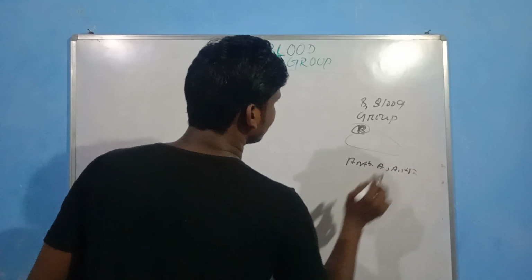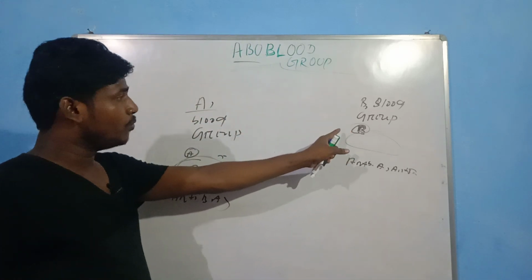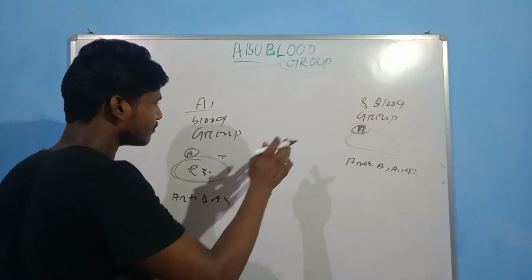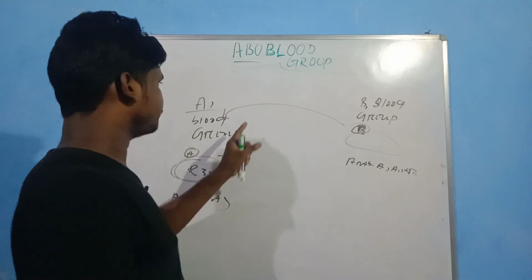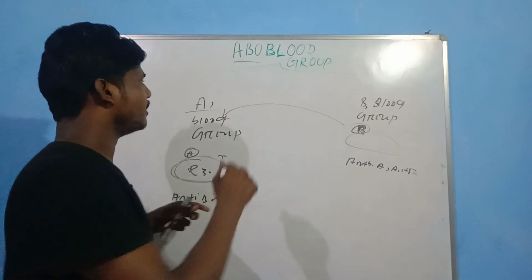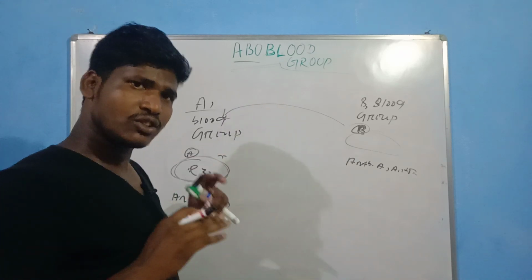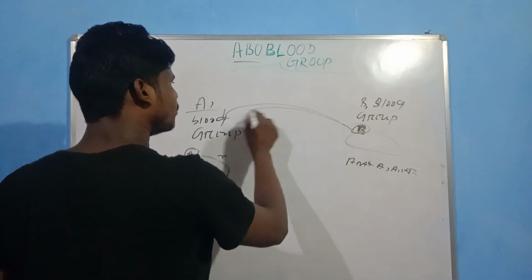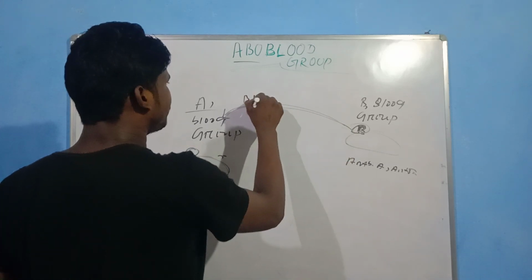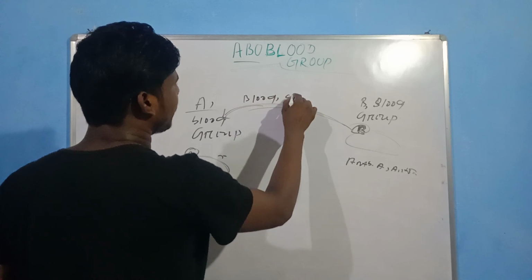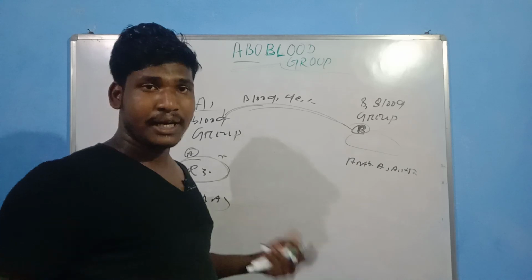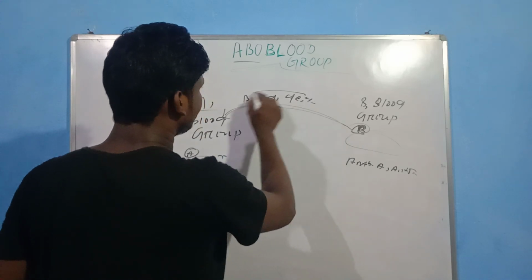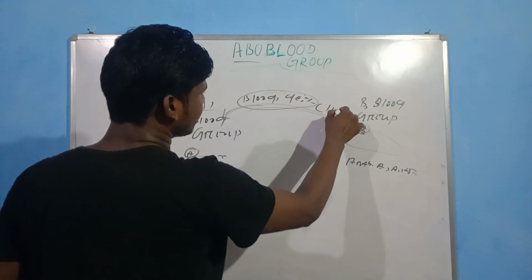Okay, when the B blood group donates to the A blood group, most of the time the blood is clumping, with destruction of RBC, and the person will become severe and may even die. It is called blood clumping.